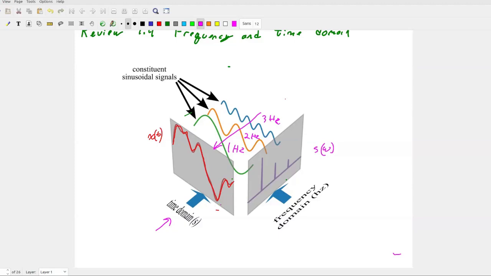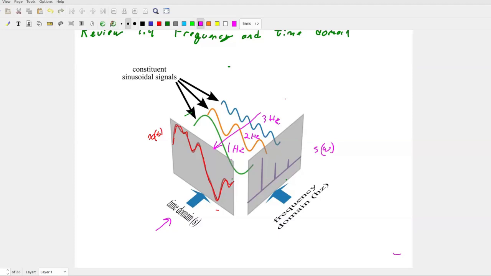I'm the one that plotted this, so I know that this red line is just the summation of all 3 of these signals. It tends to go up when the red is up. The yellow comes down, it tends to come down because it kind of dominates. It goes back up when the yellow and the green are still high, and then it comes back down to a peak when the yellow and the green kind of match up, and then the blue is just adding some noise on top of that.